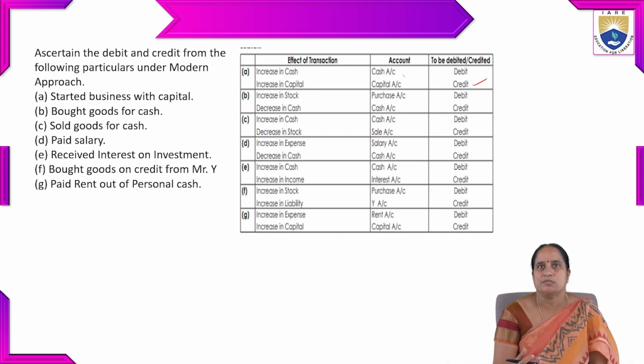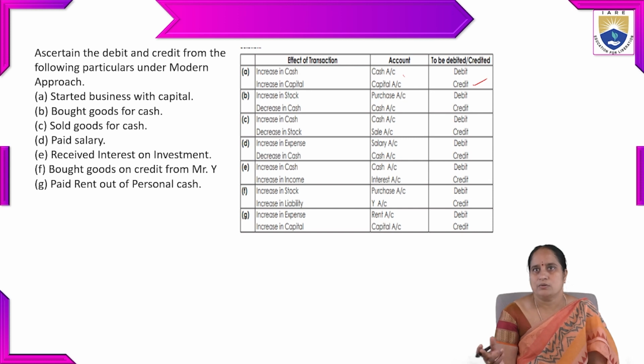Received interest on investment. Increase in cash, as we have invested some more amount in the business. So as a result, there is an increase in cash. So it is cash account and that should be mentioned on the debit side. And increase in income, just interest. So increase in income due to interest.